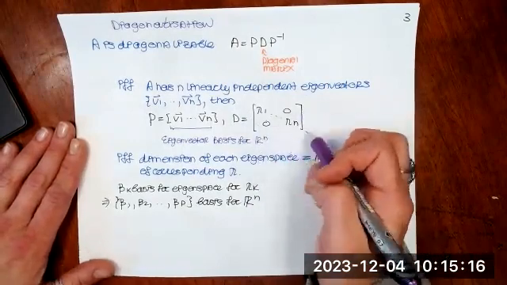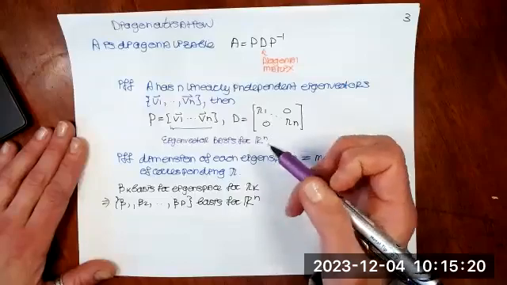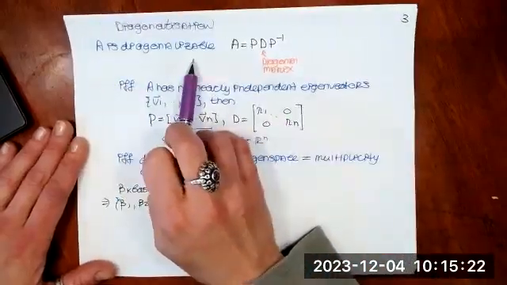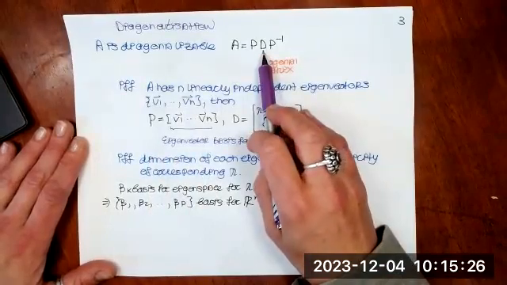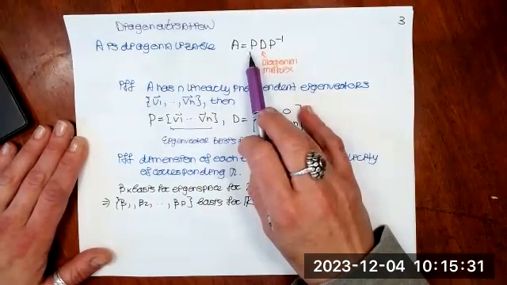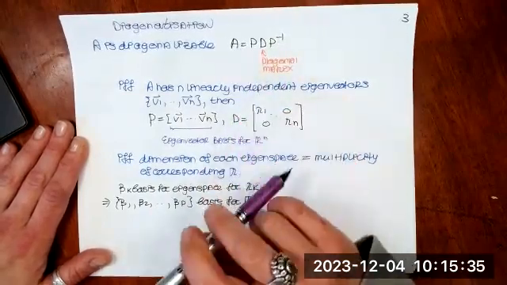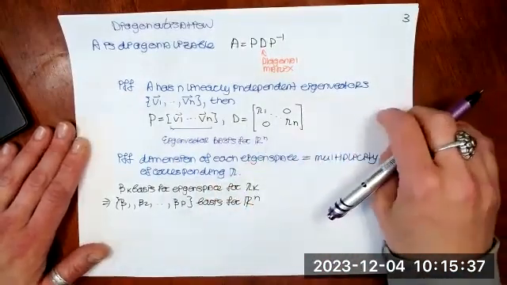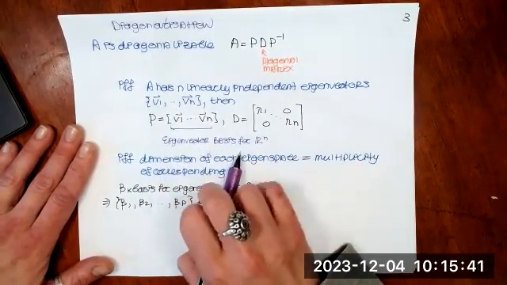It's just a lot easier to deal with those. And we know that if A is diagonalizable, that means A is similar to some diagonal matrix D. The problem is just that I need to find a matrix P so that P times D times P inverse gives me A.